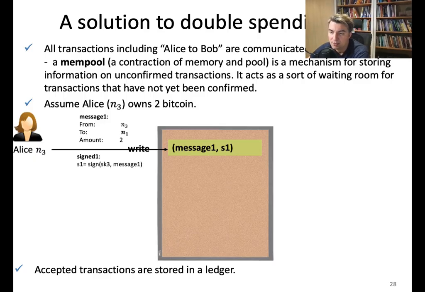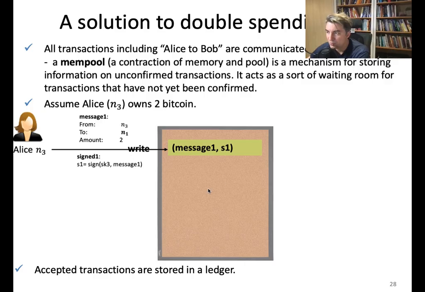Bitcoin terminology. A mempool is a mechanism for storing information on unconfirmed transactions, and it acts as a sort of waiting room for transactions that have not yet been confirmed. So in this example, Alice constructs a message which states that she wants to send 2 Bitcoin to node N1, and she is node 3.